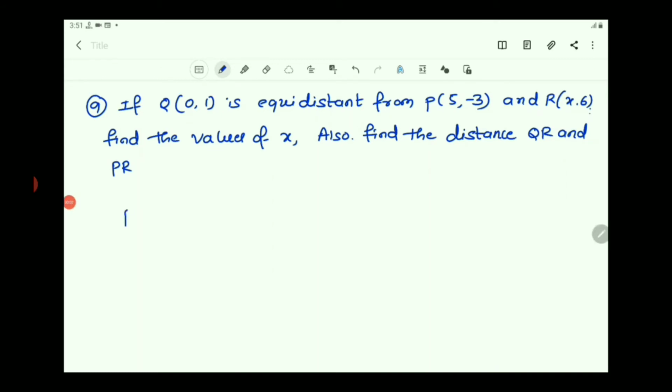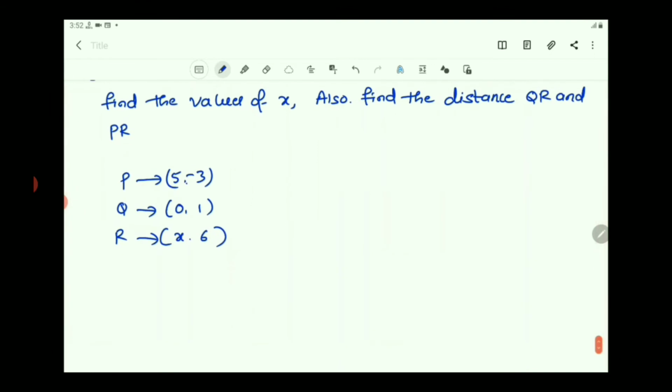Then you take the point P is a point with coordinates (5, minus 3) and Q is a point with coordinates (0, 1). R is a point with coordinates (x, 6). And what is given?